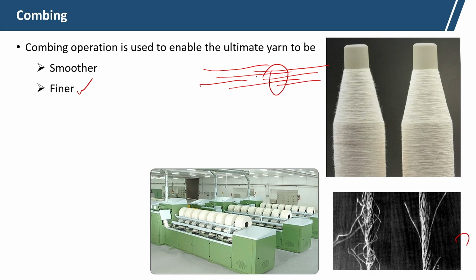In that case we can have a smaller number of fibers in the yarn cross section. So, for the same fiber we can produce finer yarn. If we compare carded fiber and combed fiber, from the same fiber we can produce finer yarn.